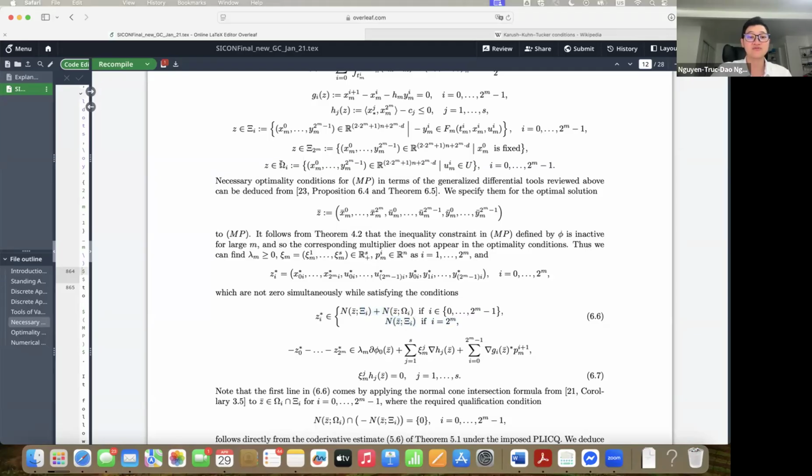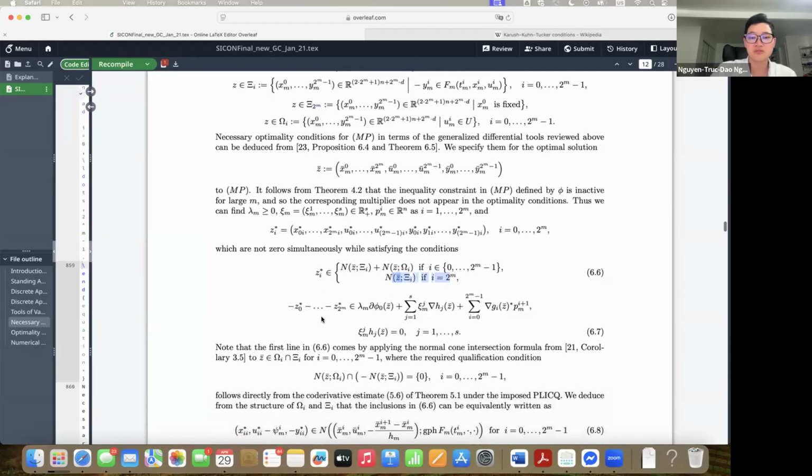We don't have omega. The reason is if you look at this constraint, you just have i up to 2 to the m minus 1, right? But if you look at zeta_i here, it goes up to 2 to the m minus 1, but there is one more. This is also from the set zeta, but i goes to 2 to the m. So this is for the final time. That's why we combine them here, and then we separate the other one right here.